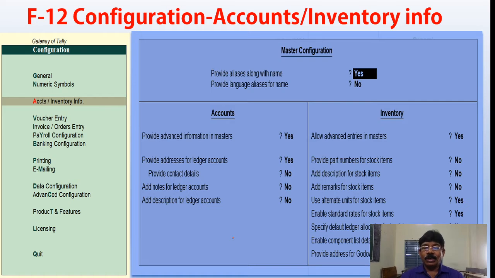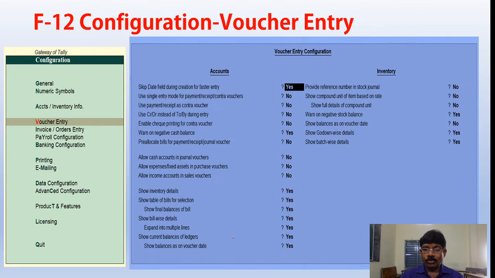So these are the accounting and inventory configurations. One more very important one is the voucher entry configuration, which is also in two panels: accounts as well as inventory. Skip date field during creation of a voucher entry.